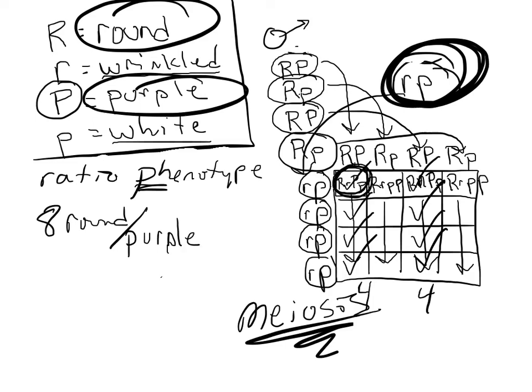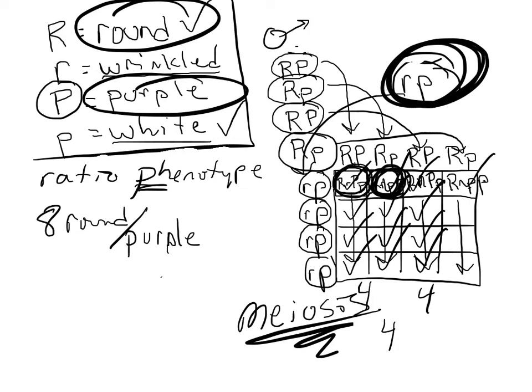Now, in addition to that, we're going to look at other phenotypes. The other phenotype that I see, this individual right here has a capital R, lowercase r, but 2 lowercase p's. So this individual's round and white. If we count them up, 1, 2, 3, 4. And we look at the last column, capital R gives this the round characteristic, and 2 lowercase p's tells us that it's white.